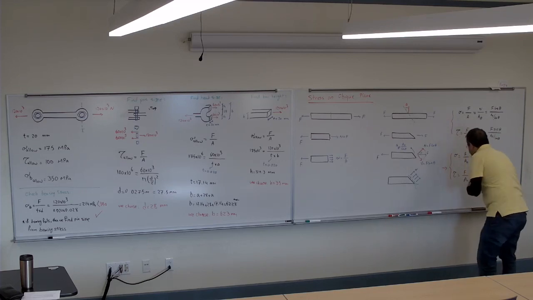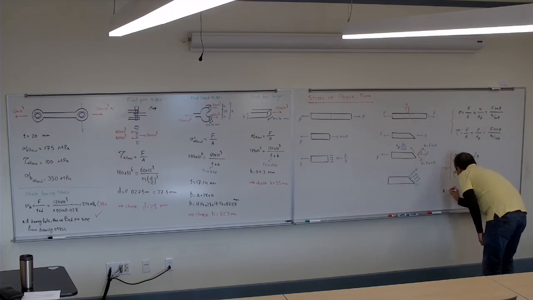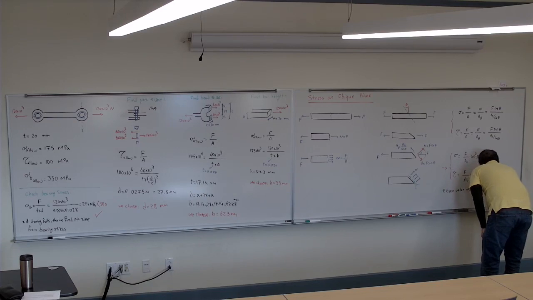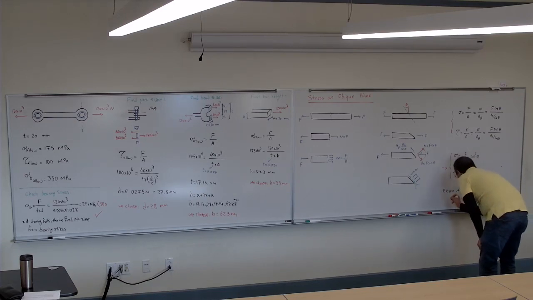So here, the point is that even under axial force, we have shear on an oblique surface.